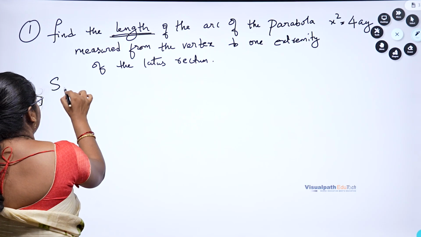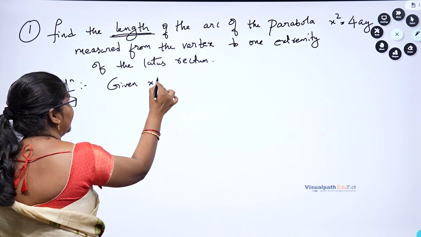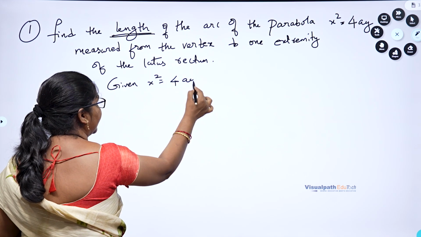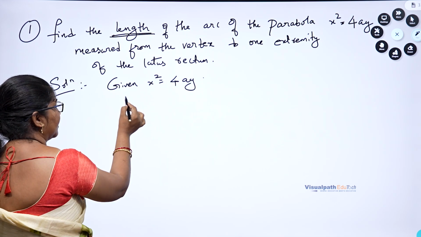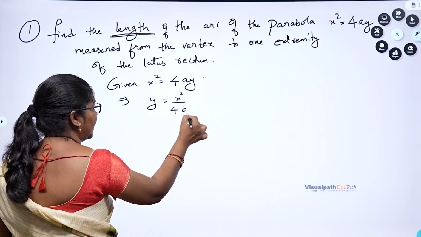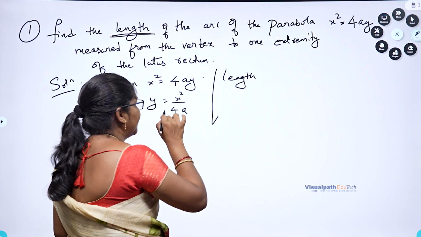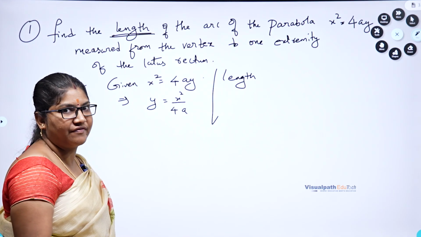Okay, given x square is equal to 4ay, implies y is equal to x square by 4a. What is the formula for length here? The equation is given as y in terms of x.